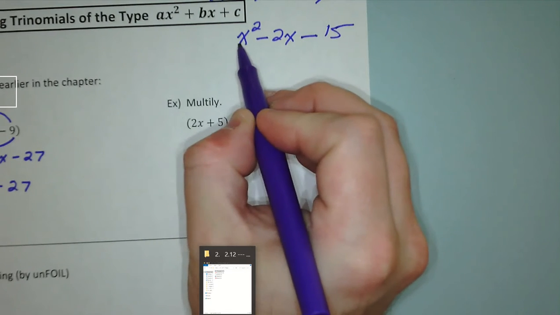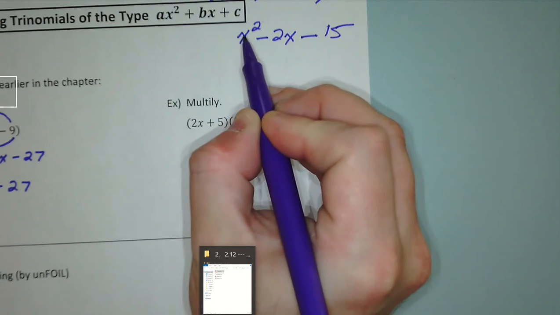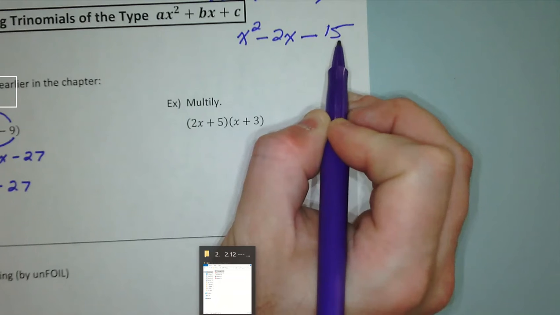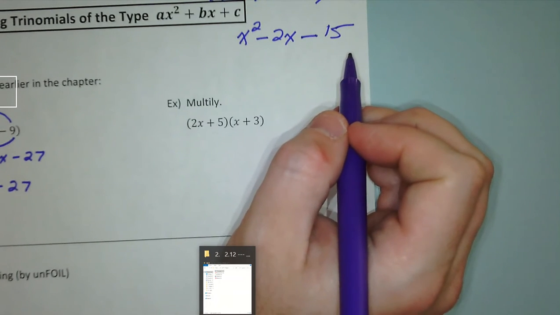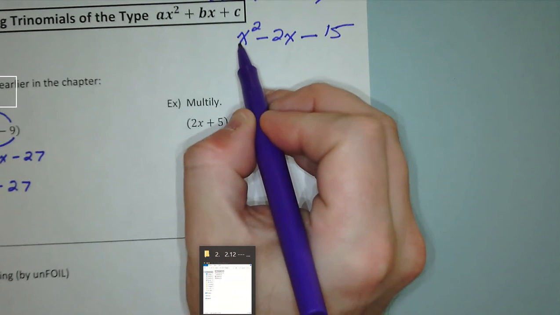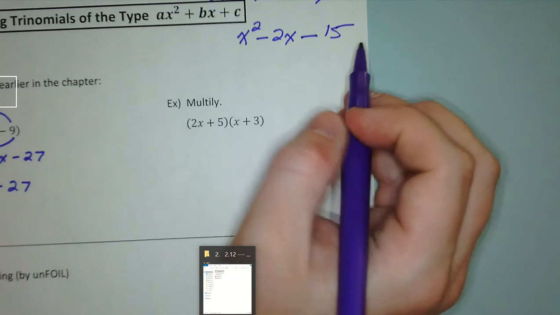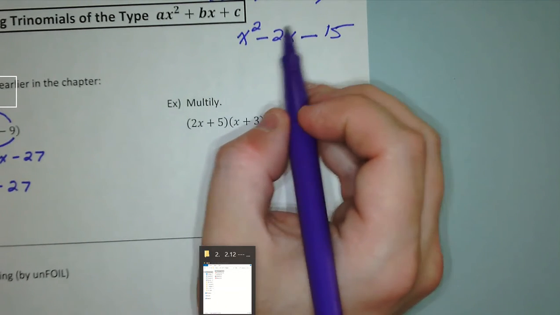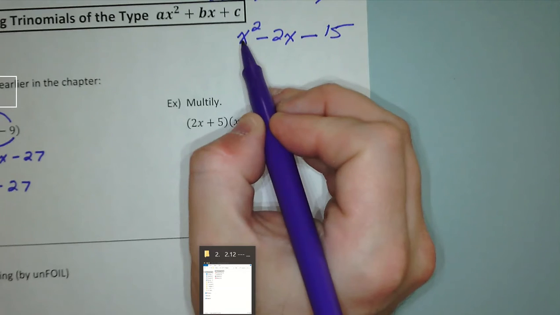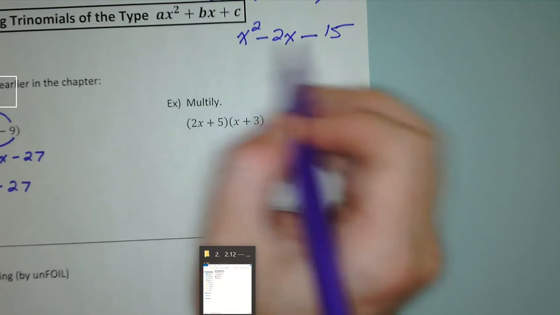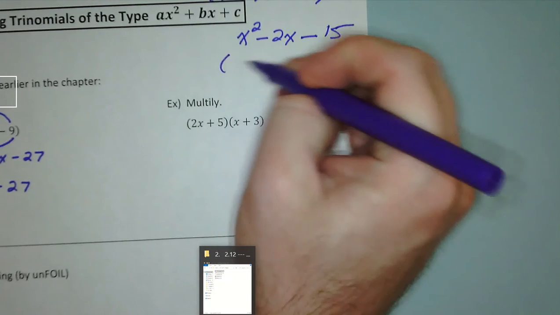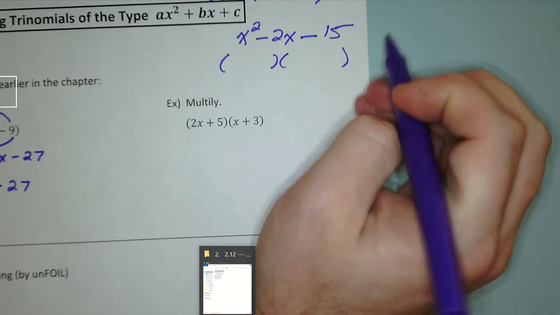William, is there a GCF among all three of these terms? No. Very good. I guess William could have said 1, but that doesn't really count. So there's no GCF. So again, plan B is to unfoil.